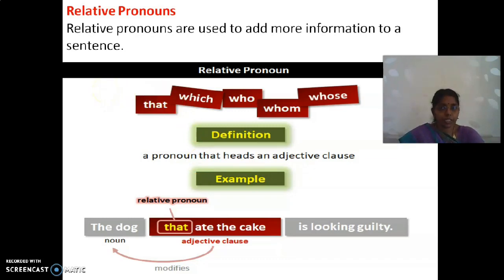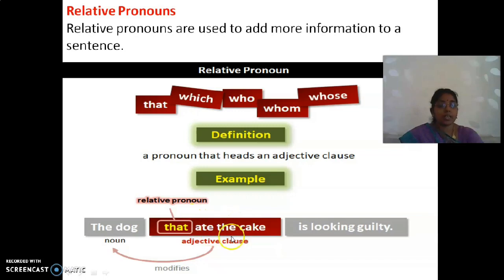More information. That means what? We'll see one example, and by that you will understand. The dog that ate the cake is looking guilty. This is a sentence. The dog, you know it is a noun. That acts as a relative pronoun here. Ate the cake is an adjective clause.